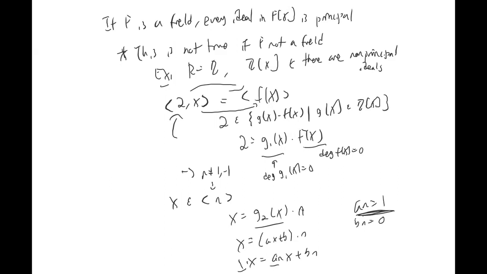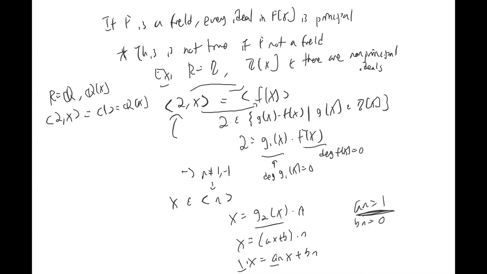Is everyone clear on this? So if this was a field, if R was like, I don't know, Q, and you consider Q[x], the ideal generated by 2 and x is principal. It's generated by 1. It's the whole ring.